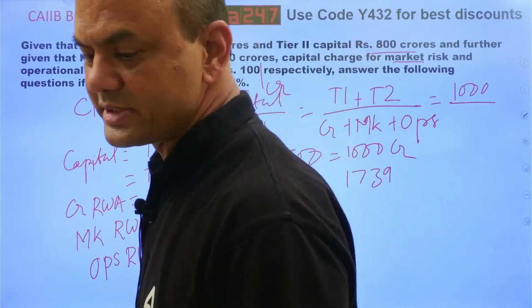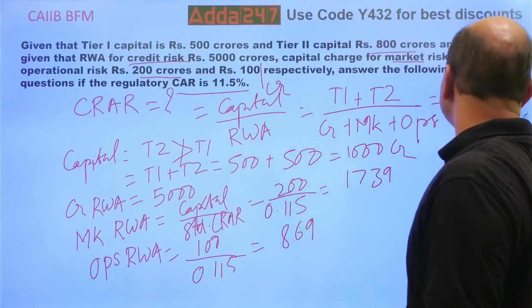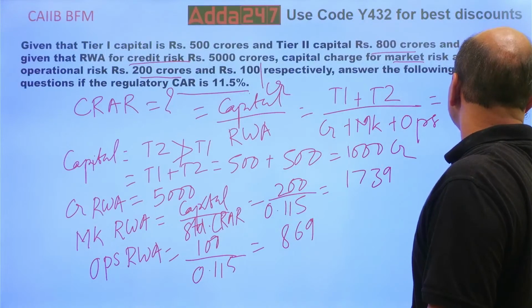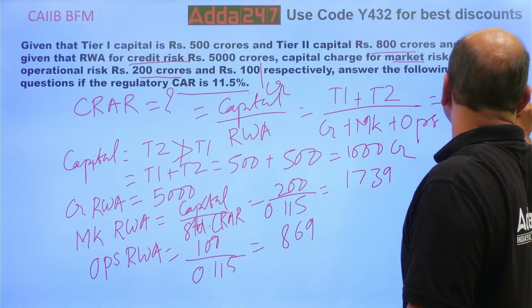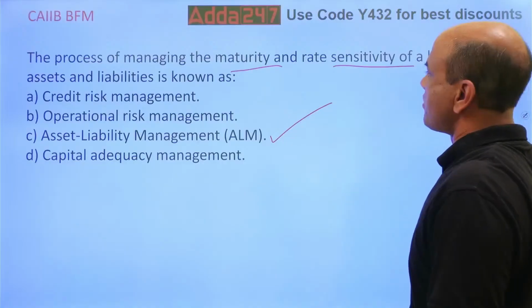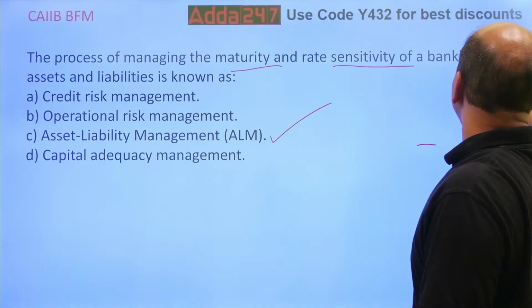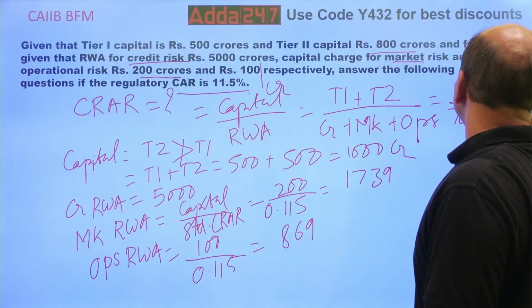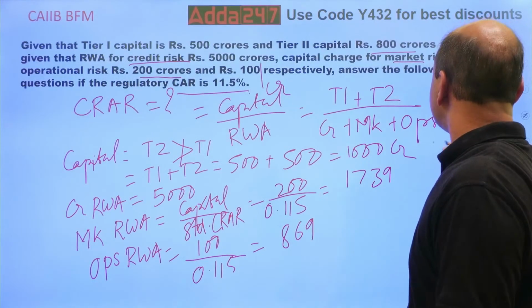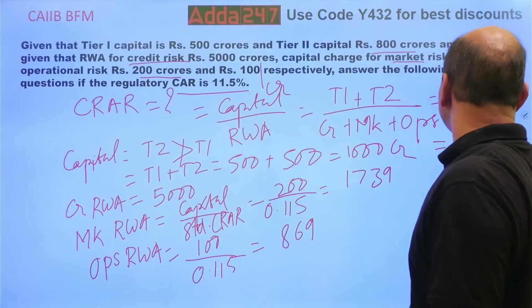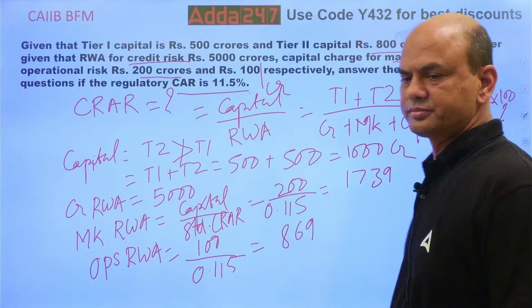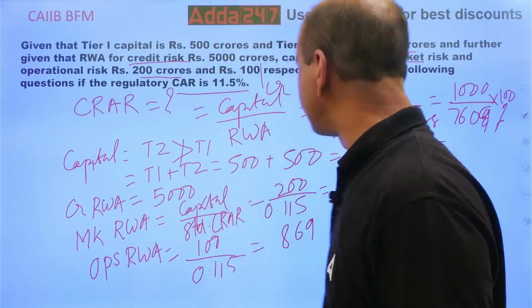It is 7608. Multiplied by 100 because it's in percentage.